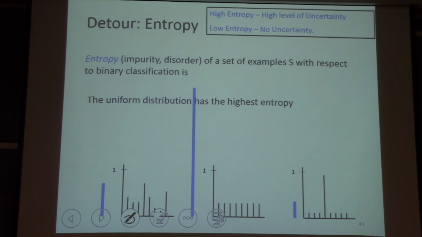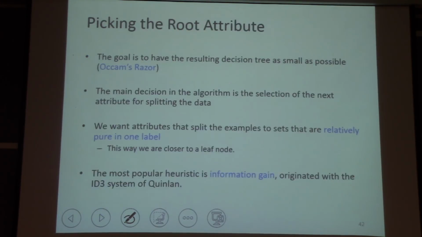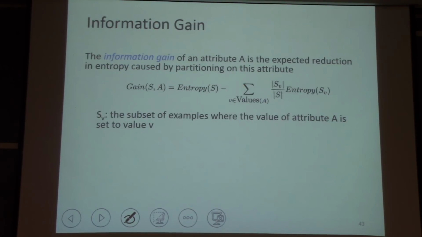So let's go back to the question of picking the root attribute. What we wanted was a heuristic that lets us pick an attribute that gets rid of as much uncertainty as possible. And the information gain is a way of doing that.